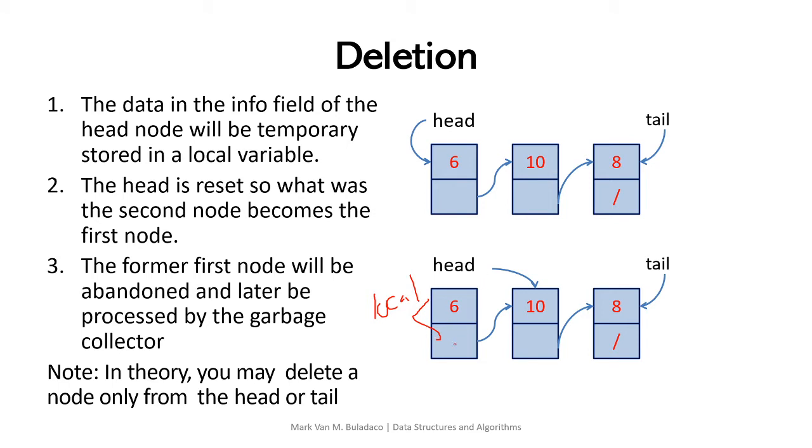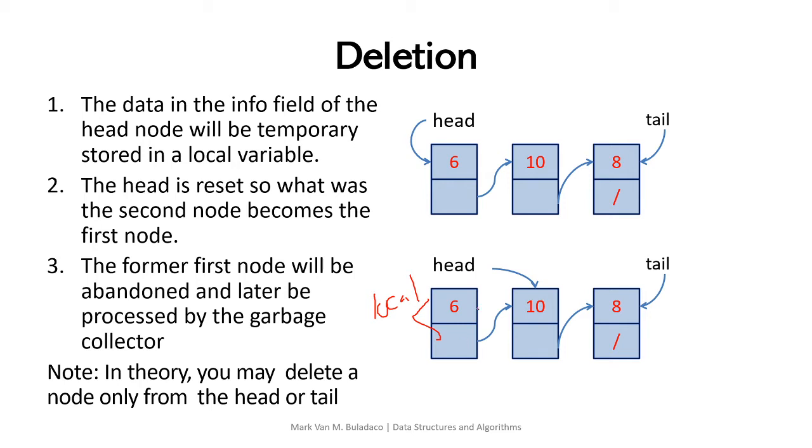Then the head pointer will now be pointing to whatever node the next field points to. Since the original head node is pointing to the node 10, if we are deleting the node 6, the new head pointer will be pointing to 10.